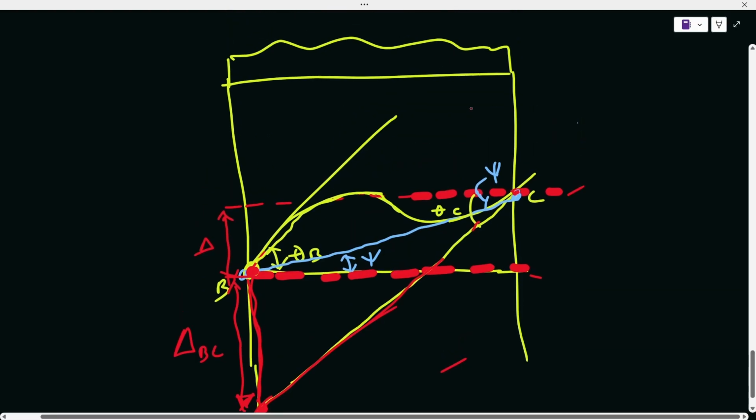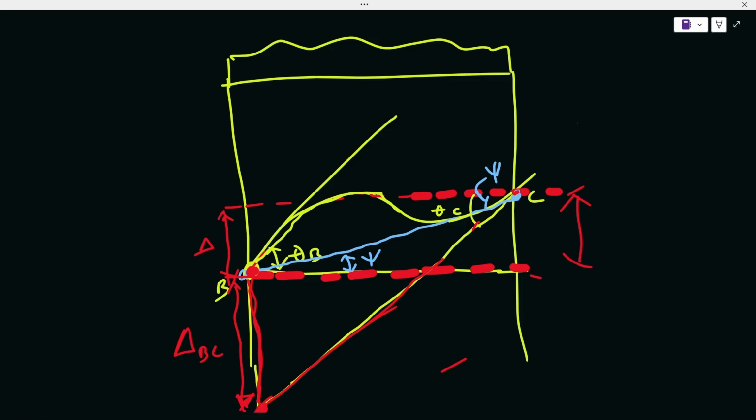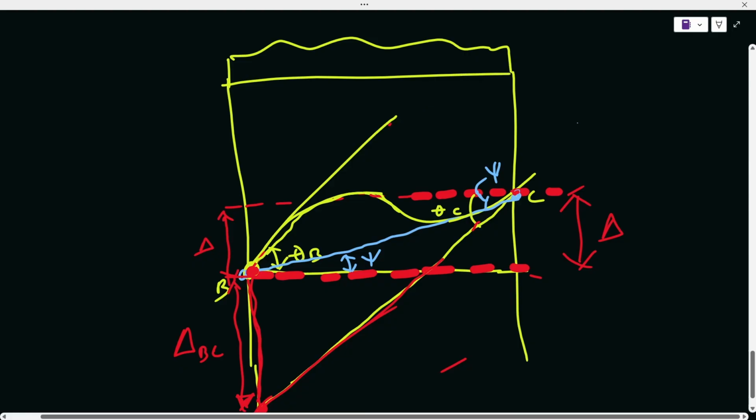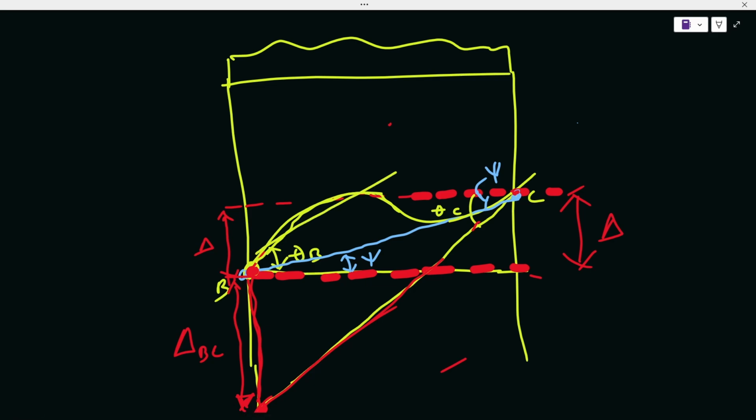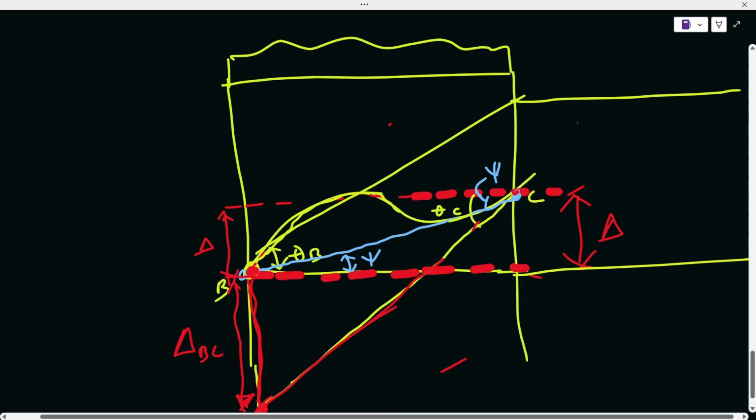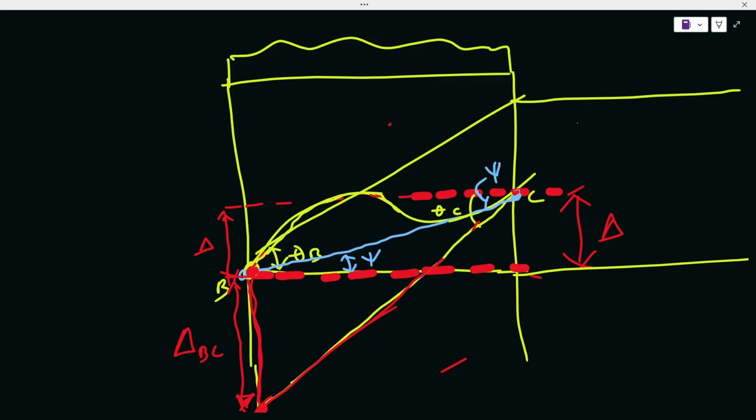Similarly, for this, I have delta, and this is still going to extend. Let me draw it again. Let's say it's all the way here, for instance. Let me just draw a reference axis, another reference axis.